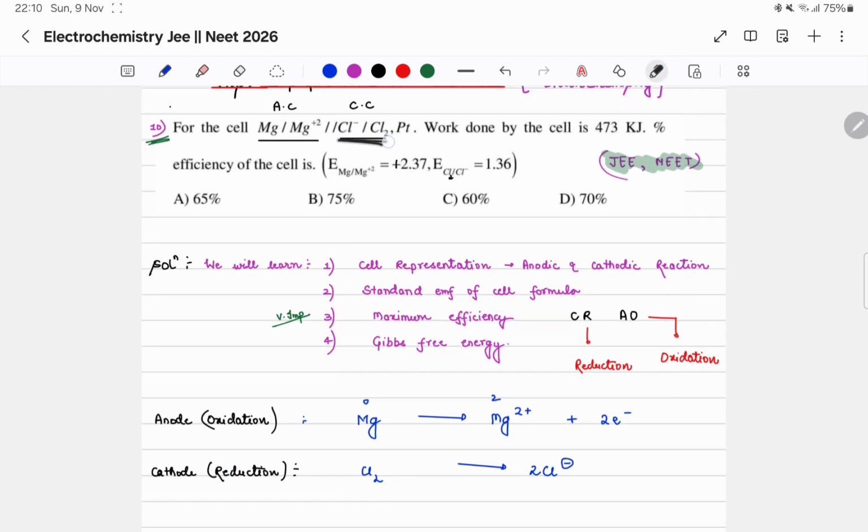I'm not writing with reference to this; I just saw that on the cathode always reduction happens. Reduction means gain of electrons. So I can't write chlorine on the right hand side as Cl-; how would Cl- accept 2 electrons? Electrons can't be written like that. It should be opposite. That's why I wrote chlorine, which is going to accept how many electrons? Here it is 0 and here it is -1 per chlorine. So for 2 chlorine it is -2. So 0 to -2, what is the change? 2 electrons, right? So that is the reaction at the anode and cathode.